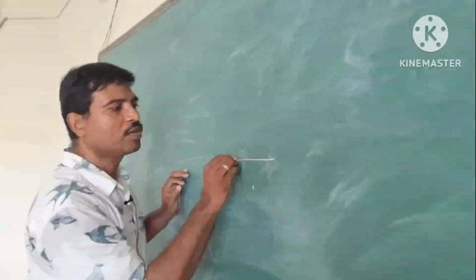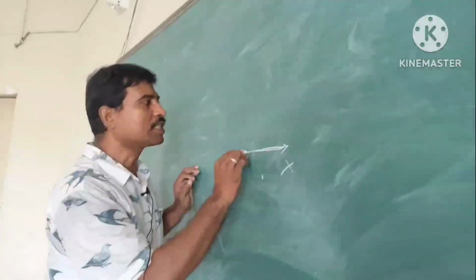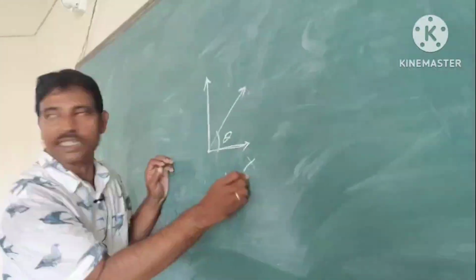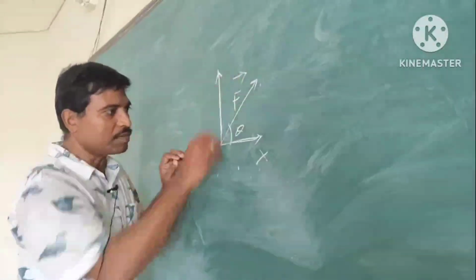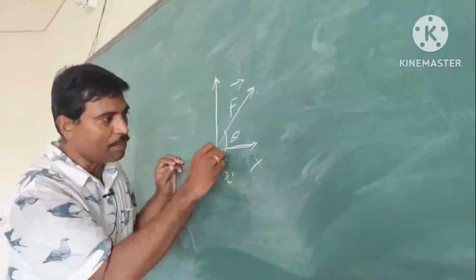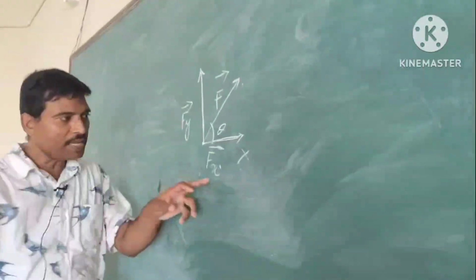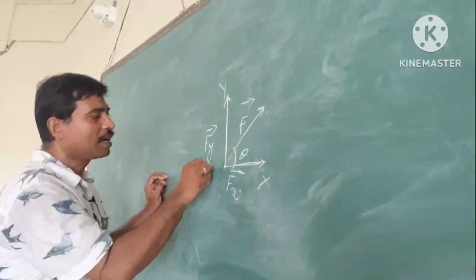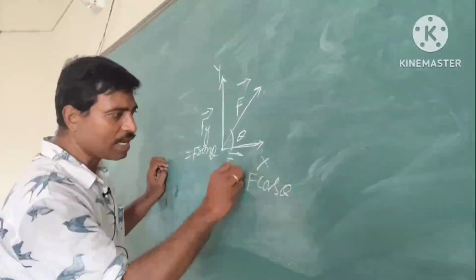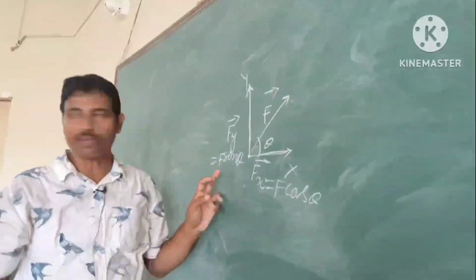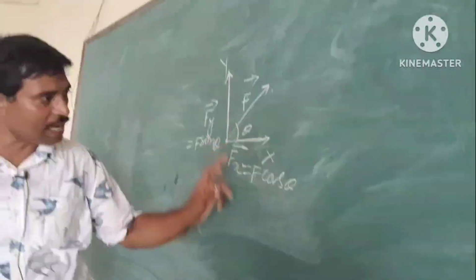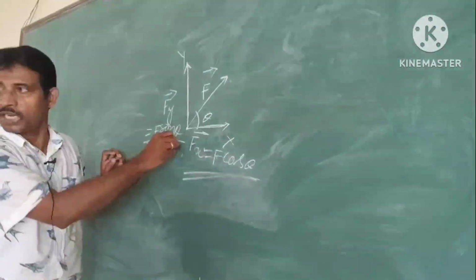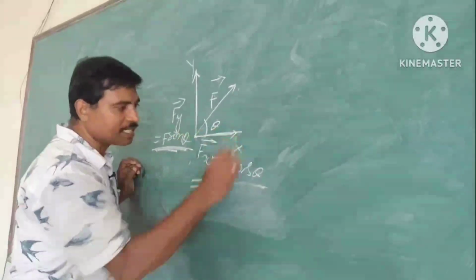Suppose you are here, this is the x-axis, this is the y-axis, and while walking you press the ground making some inclined angle theta along the x-axis. Suppose the force is f, so f becomes fx and fy. Along the x axis it is f cos theta and along the y axis it is f sin theta. In every case, the one with theta alongside is cos theta. This is known as the horizontal component and this is known as the vertical component.